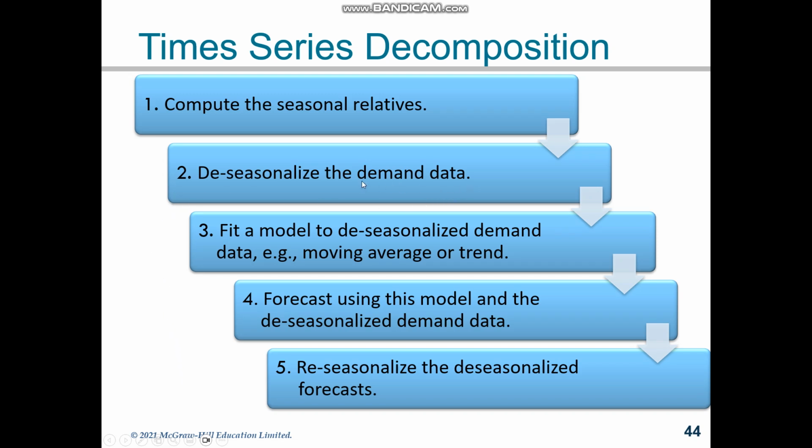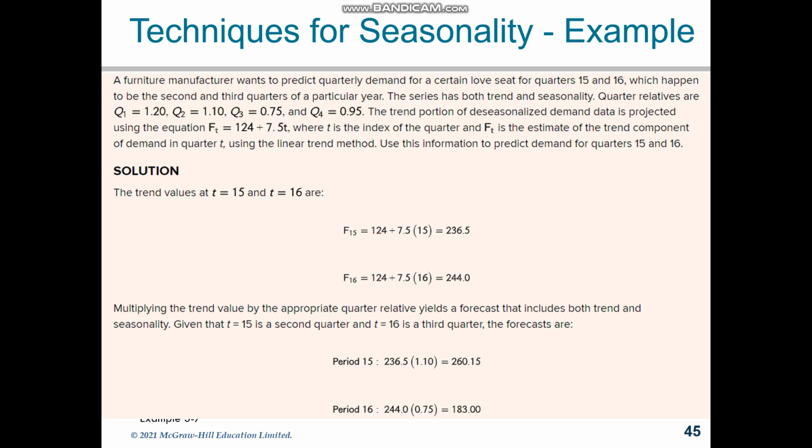These demand data are the input data that we are using. We take the seasonal factor out of them, and the remaining data is used to do forecasting. In the next step, we fit a model to do forecasting, and then the forecasted data should be reseasonalized. So this is the process that we should follow. Let's see some examples to make it more clear.